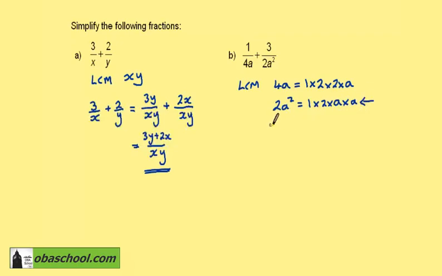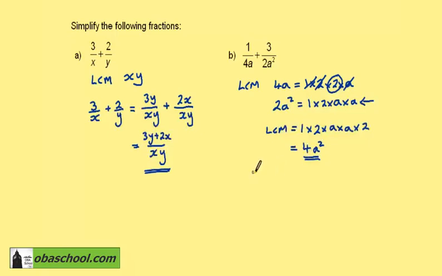Starting with this one, the lowest common multiple is 1 times 2 times a times a. Here we have a 1, a 2 and an a. We don't have the extra times 2, so we bring it down here. 1 times 2 times 2 is 4, and a times a is a squared.